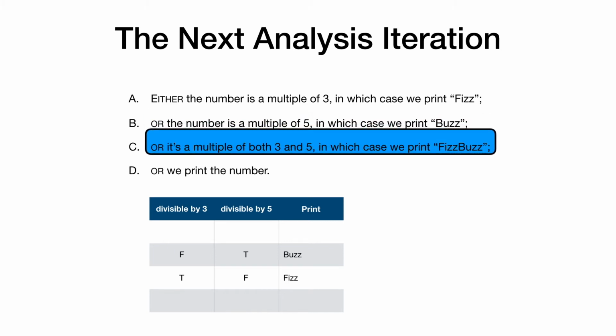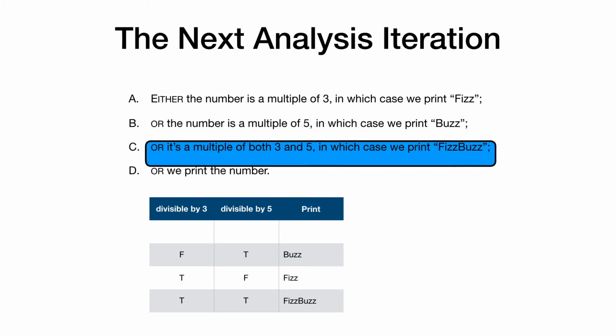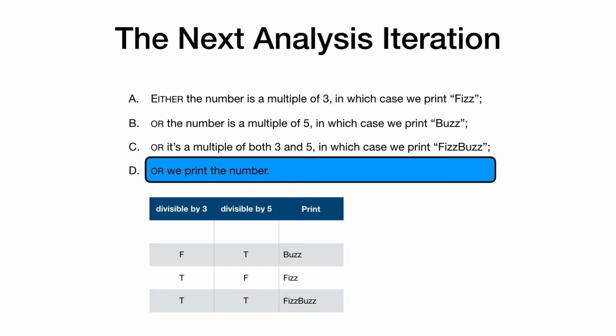In the next state, the number is a multiple of both 3 and 5, in which case we print FizzBuzz. And in the final state, the number is neither divisible by 3 nor by 5, and we merely print the number.